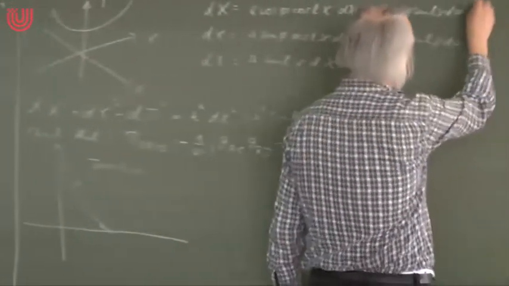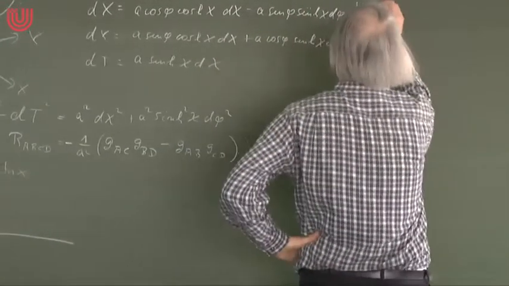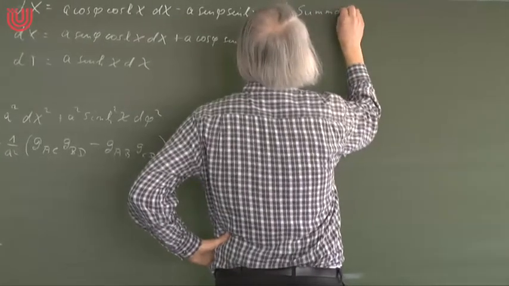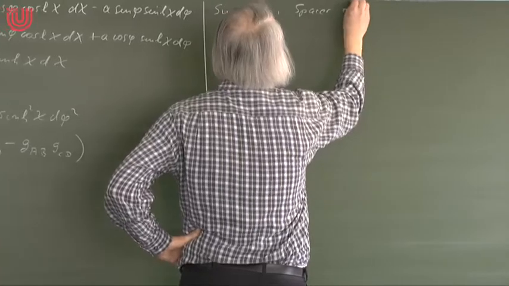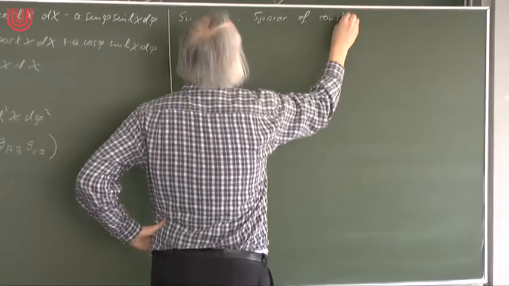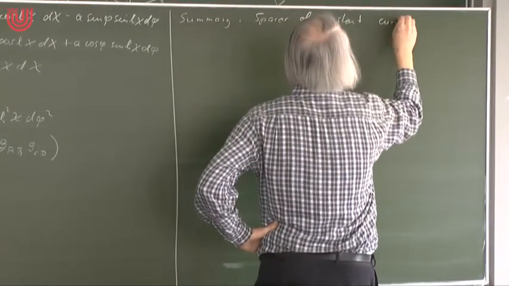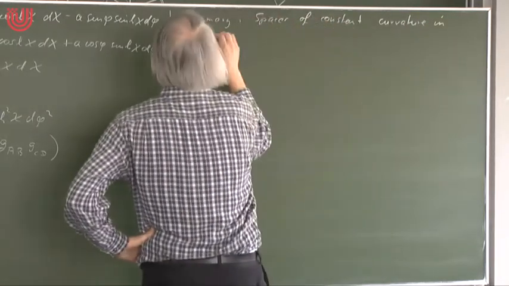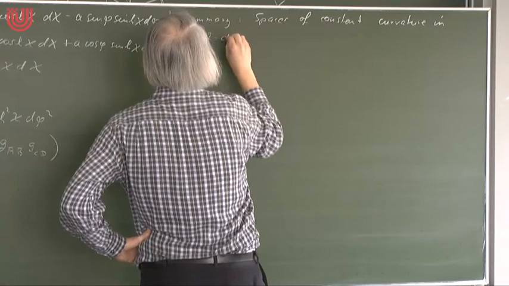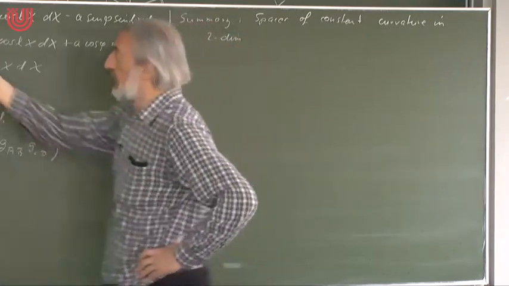Let me summarize the results here. So the summary is the following. Spaces of constant curvature in 2 dimensions. Again, of course, you can form quotients here.